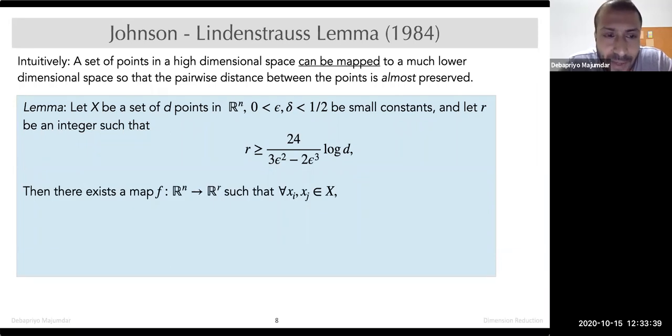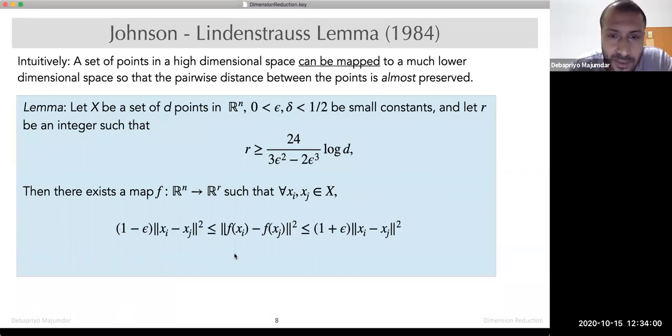Then there exists a map, a linear transformation f, from R^n to R^r, n dimensional space to small r dimensional space, such that for any 2 points in X, this is the original distance, xi minus xj, the norm squared.